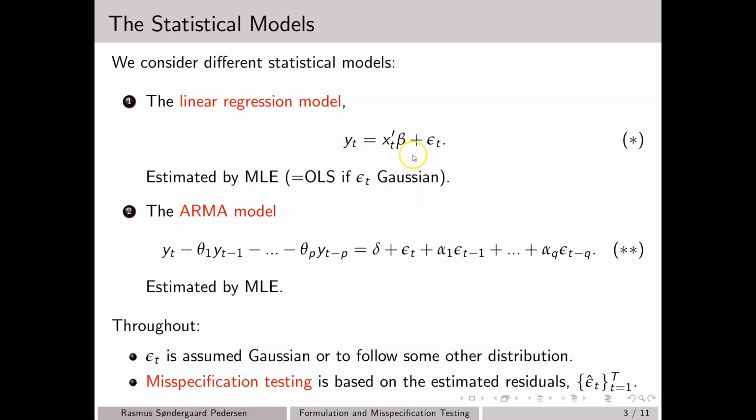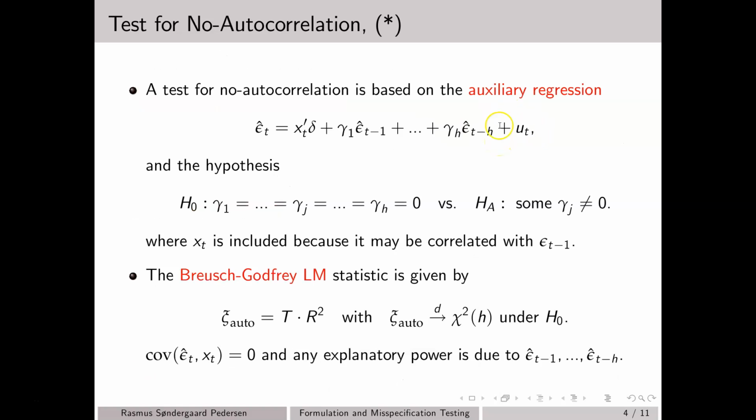So if we estimate, say, beta, we have the beta hat, and then we can solve for epsilon t and denote this epsilon t hat. We denote this first class of models here with 1 star and the second class with 2 stars. It shows up that not all of the tests are relevant or valid for all of the models, but that will be emphasized in these slides here.